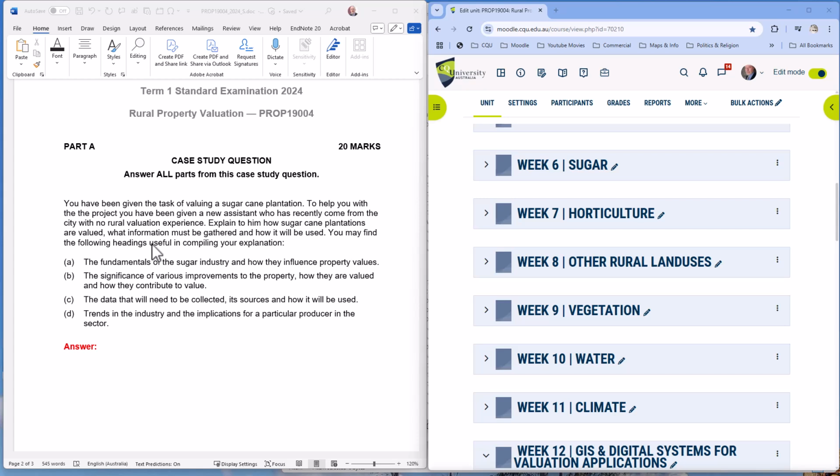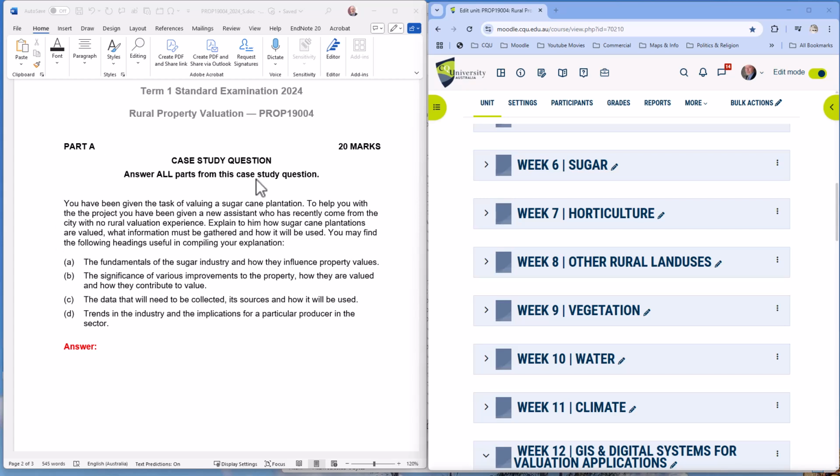So there are perhaps other topics as well. But really, when you break it down, while this is broken down into 4 parts to make it easier for you doing the exam, it's really telling us what is distinctive about the sugar industry that you as a valuer need to know, and how do you marshal those particular qualities to do your valuation.